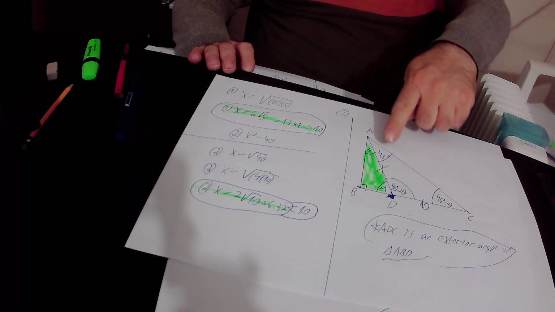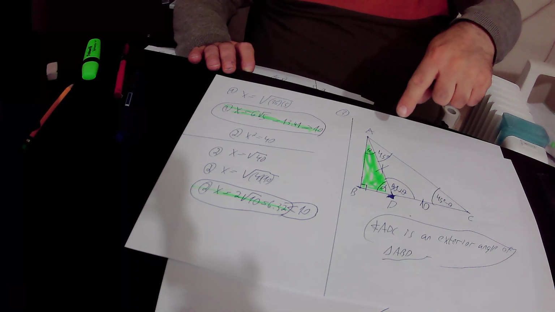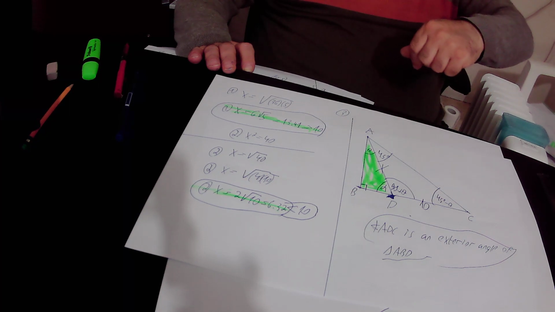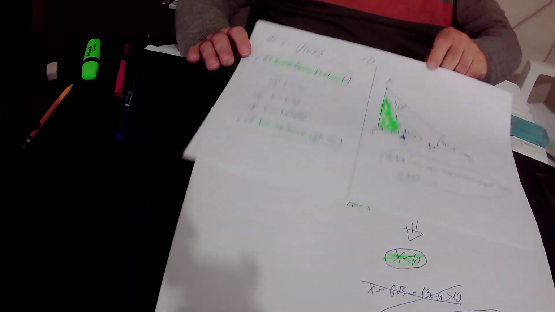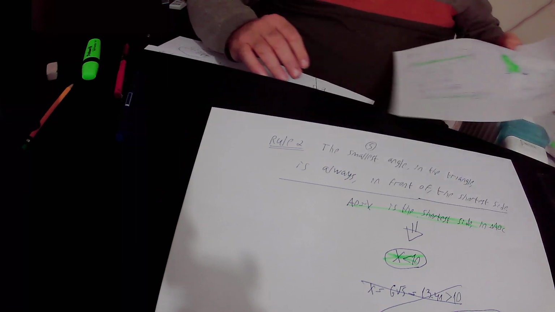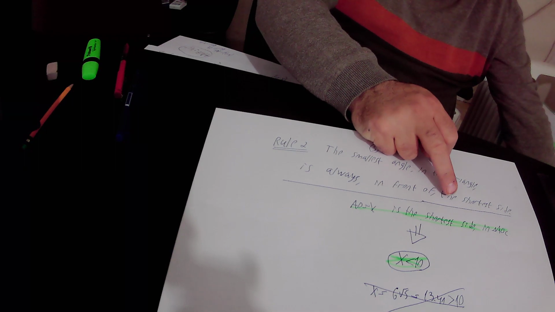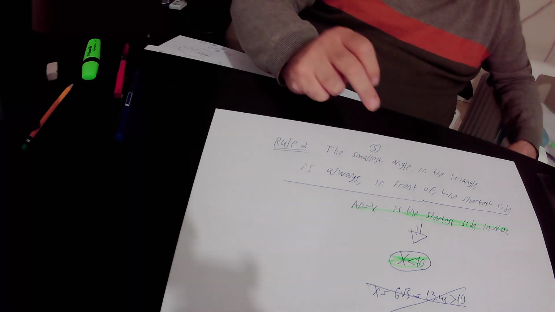That is to say, AD, which is equal to X, is the shortest side in triangle ADC. That is to say, X is less than 10 units. Okay? AD equals X is the shortest side in triangle ADC according to rule number 2.